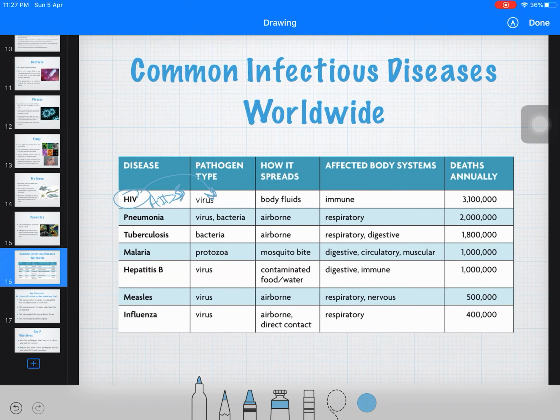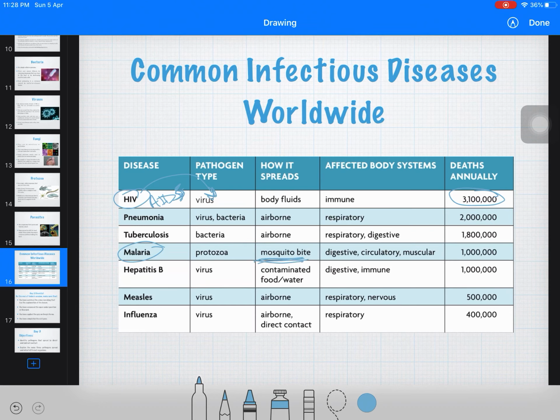It spreads by body fluids, and it affects the immune system, and it causes the biggest number of deaths among all other diseases, because if the immune system gets weakened, the person will be susceptible to more infections, even the ones that we normally encounter daily. Now, malaria, as we said before, is caused by protozoa.